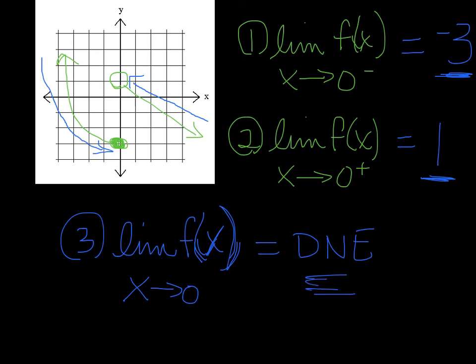Does not exist because the one-sided limits in example number 1 and 2 are not the same number. So in order for the two-sided limit to work, the answers for example number 1 and example number 2 would have to be the same number. Okay?